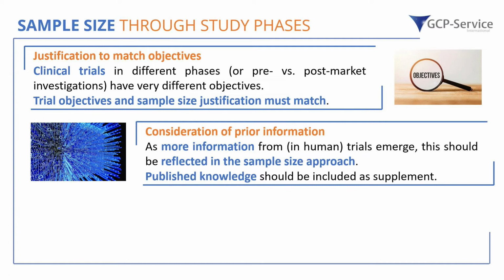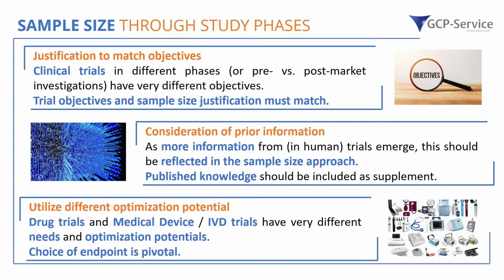And when we already have published information about the treatment effect, for example in a phase 4 study, then we have very good estimates for the variance and also for the treatment effect that we can plug into our formulas.